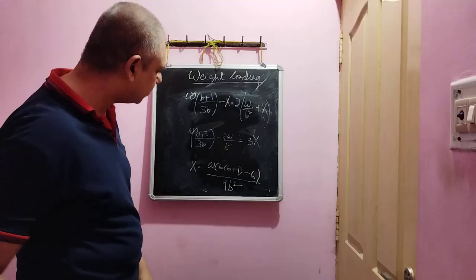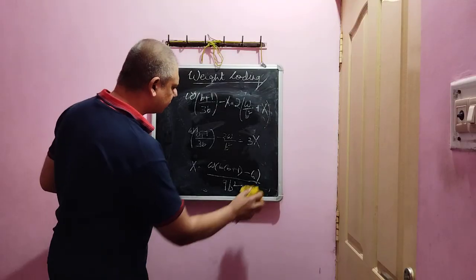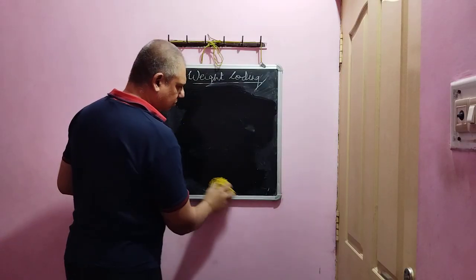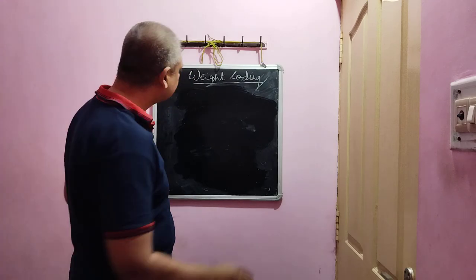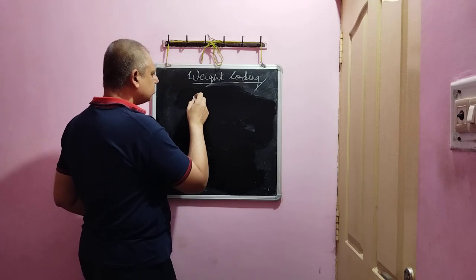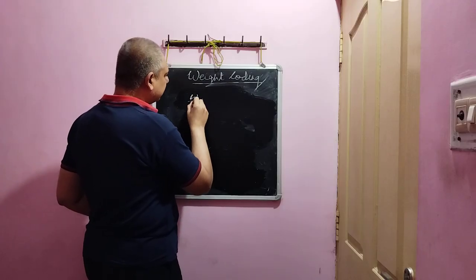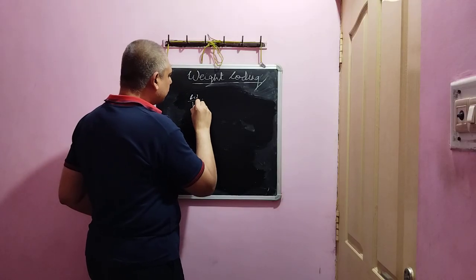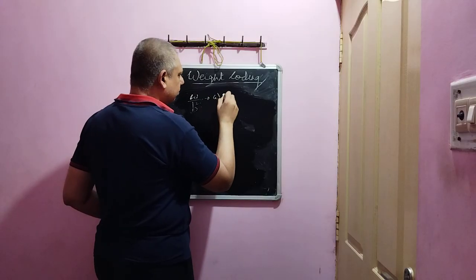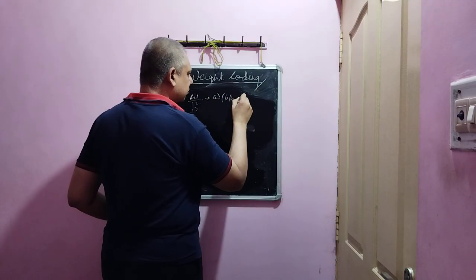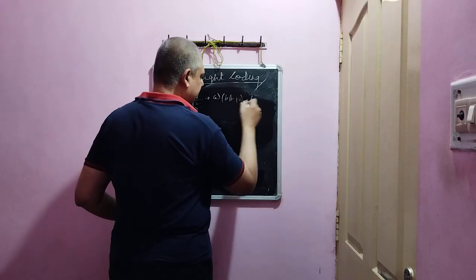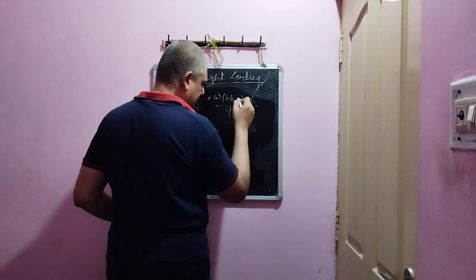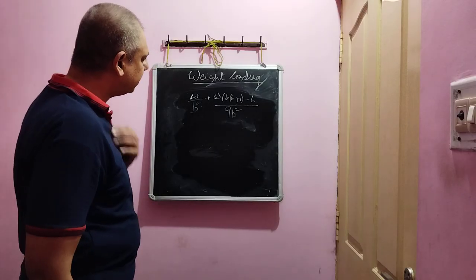So that value, WL minus 3, becomes W by B square times W times B into B plus 1 minus 6 by 9 times B square.